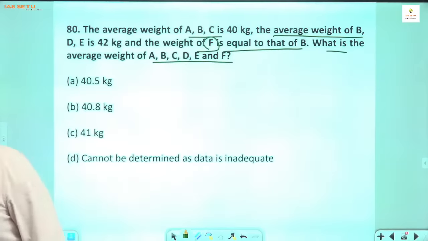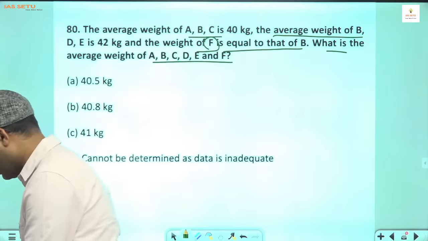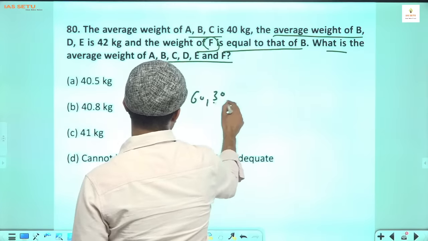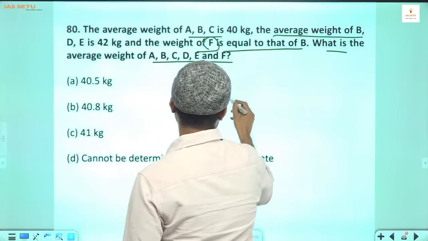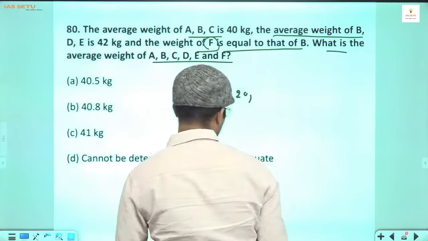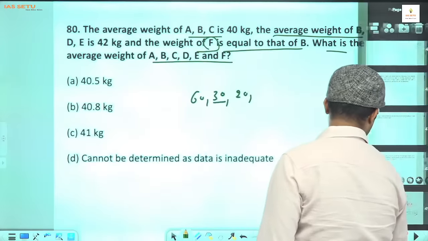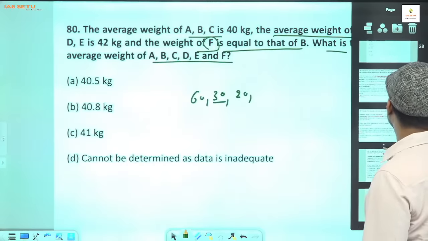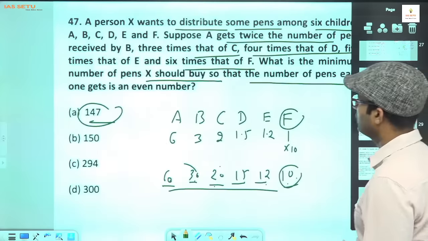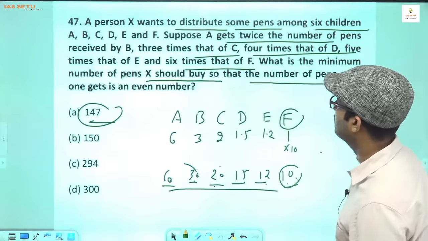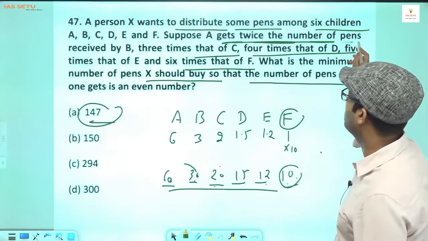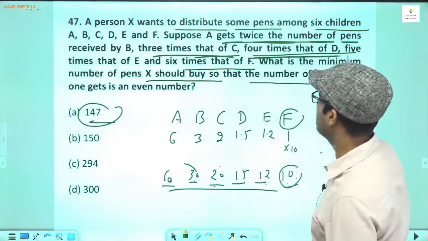Sir, question 47 with 147 pens. Yes, everyone has E1, right? How would everyone have E1? I just assumed 1, 60 30. Please check, I only said it to check, then 20 had come. Okay, let me check question number 47. A gets twice the number of pens received, B 3 times, C 4 times, D 6.